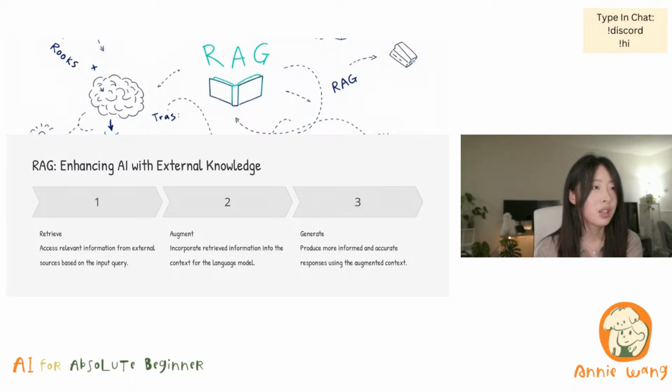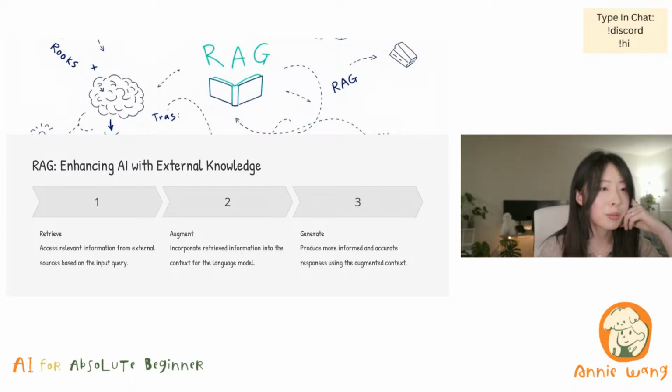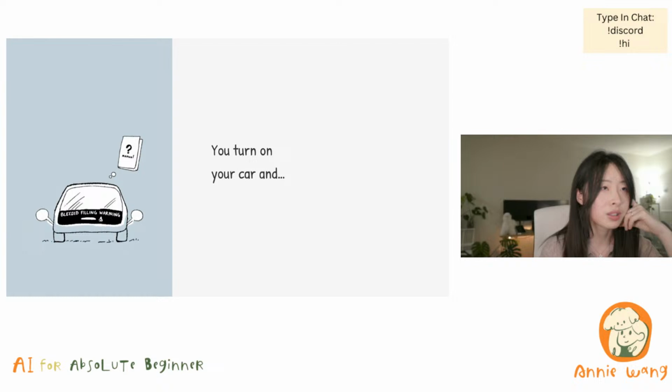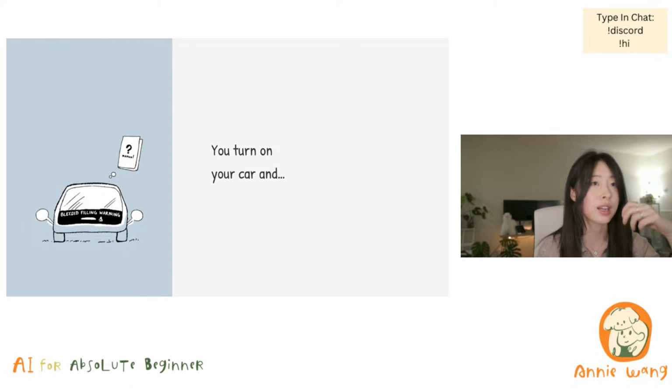And before I go to the AI agent, I want to come back to the previous example about this car. So remember when we first introduced what is RAG, we talked about this scenario that you were driving and you turned on your car.